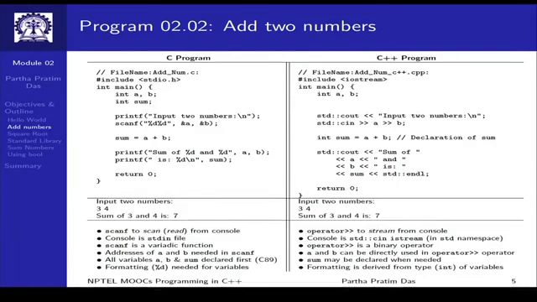Scanf, like printf, is a variadic function, that is, it takes a variable number of parameters. Here we see a form of scanf which is taking 3 parameters, the format string and the addresses of a and b respectively.